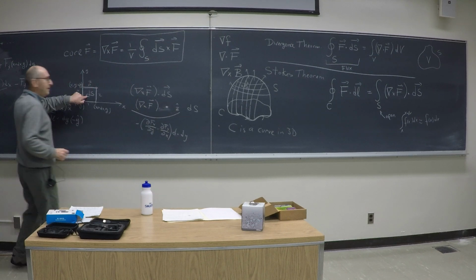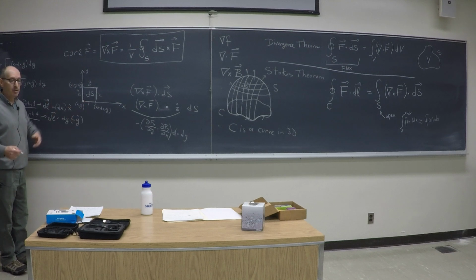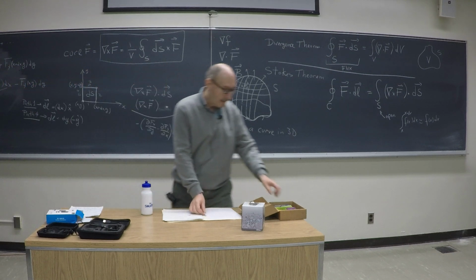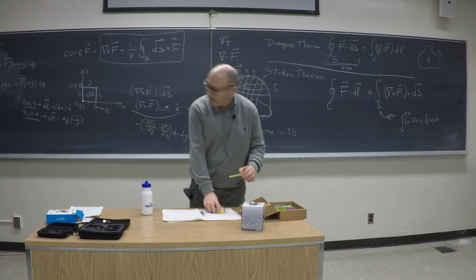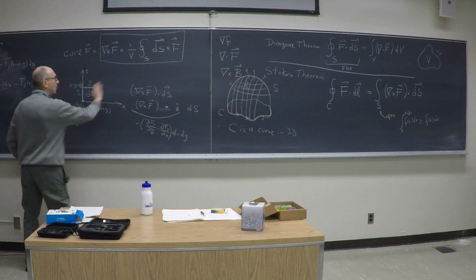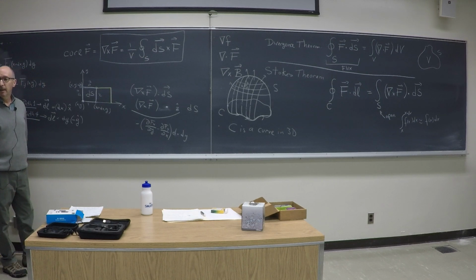So when I did this in this patch, I didn't worry about the neighbors. But let's suppose now that I look at what happens in the neighboring patches. Okay, and so for example, if I look to the right, I'm going to have something similar.